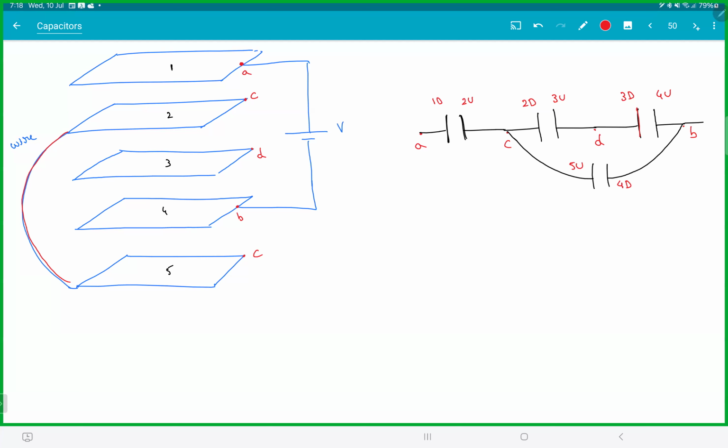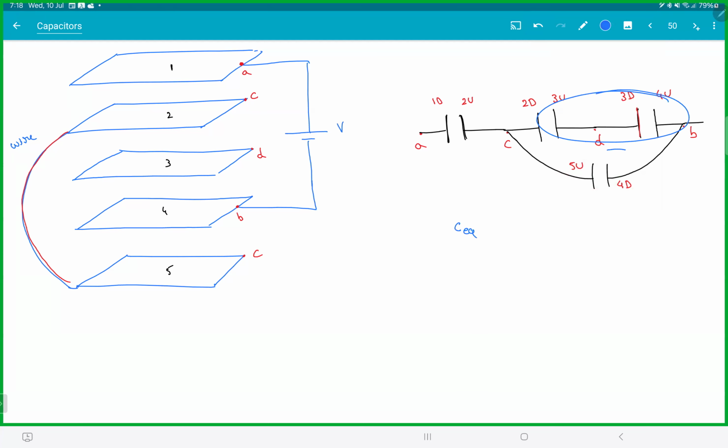Please check. Because this and this potential is same, so fifth plate ka up is also point C only. This classification you should do, or else you won't get what is the charge on each face. So once you got this, C equivalent is easy.